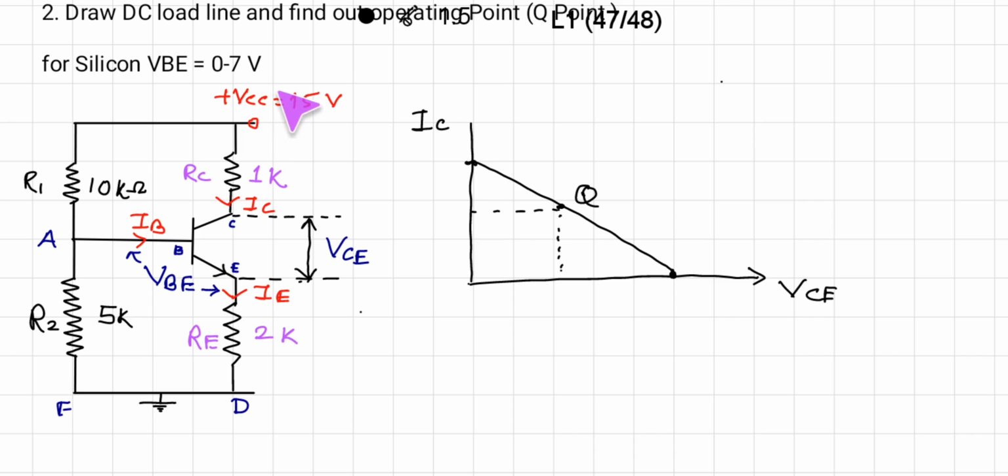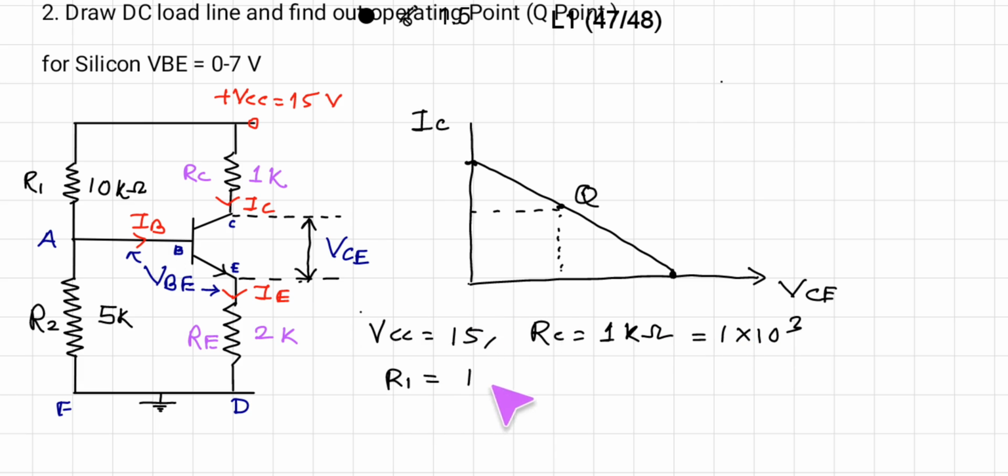So let us consider what things are given. So here from the figure we see that VCC is given, that is 15 volt. Then RC, this is 1 kilo ohm, that is 1 into 10 raised to 3 ohm. Thereafter R1 is 10 kilo ohm, that is R1 is equal to 10 into 10 raised to 3 ohm, that is given.